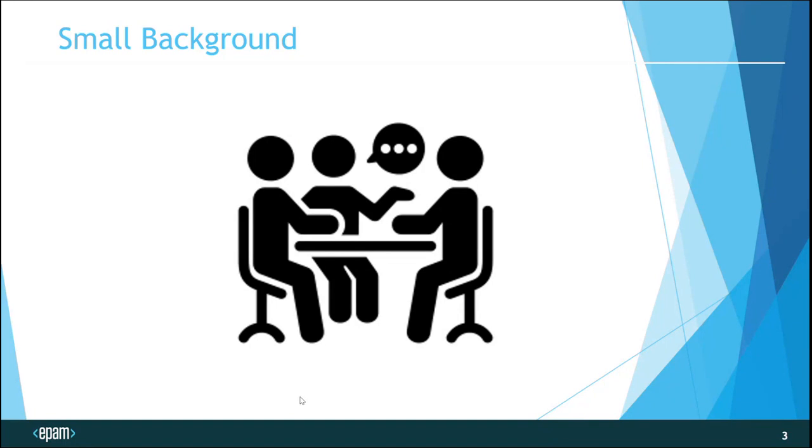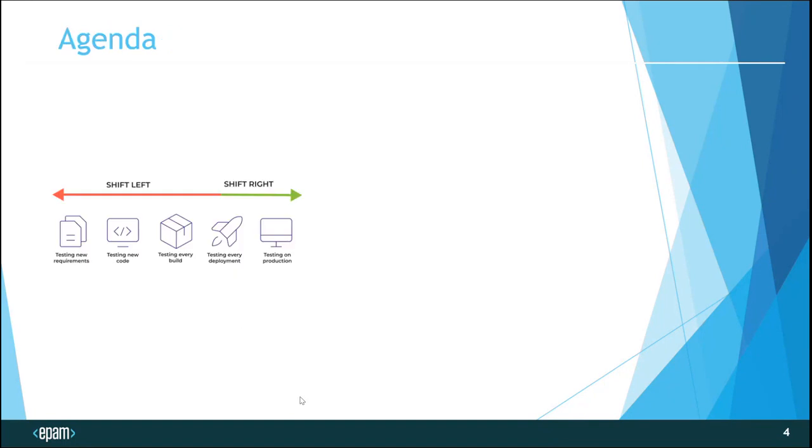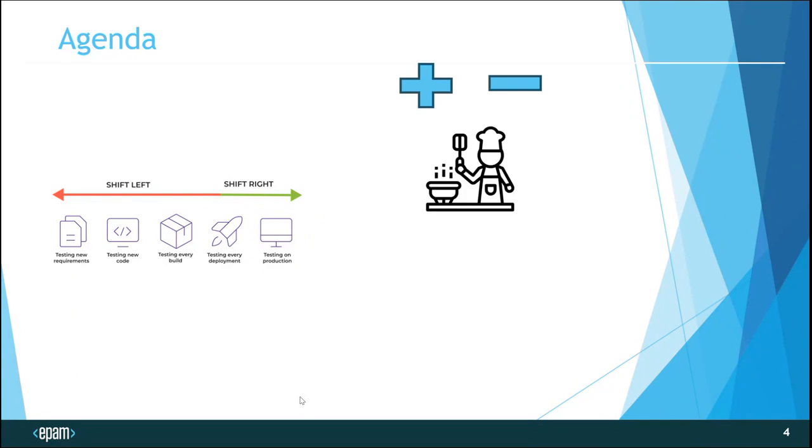What will we be talking about today? First of all, shift-left itself, its pluses and minuses, pros and cons. Also, how to cook it properly, what to do to implement such an approach on your project. When you should and shouldn't use this approach, because it's not a silver bullet and it can't be implemented on every project.